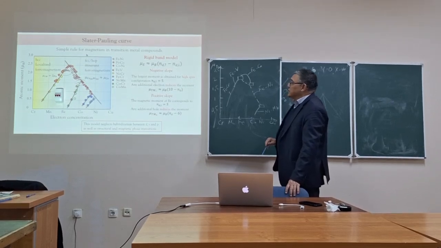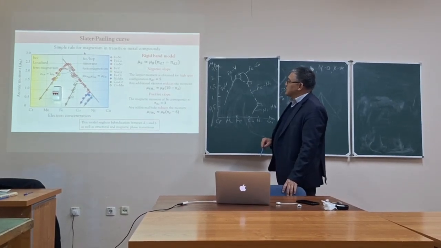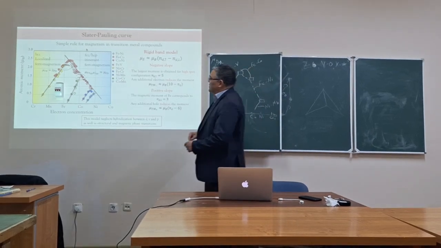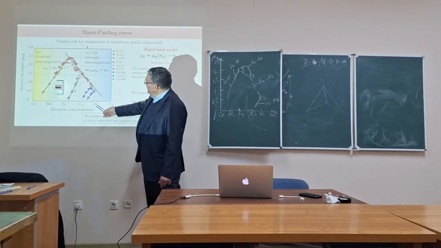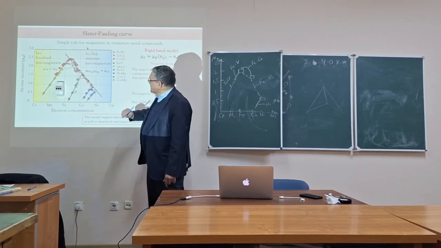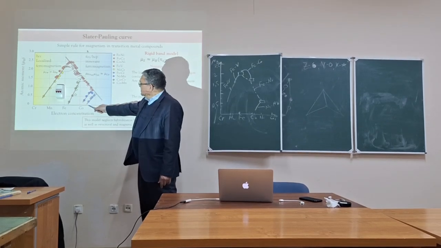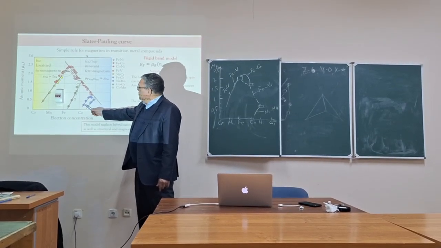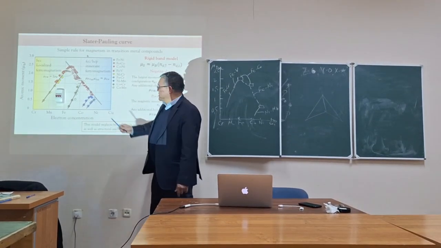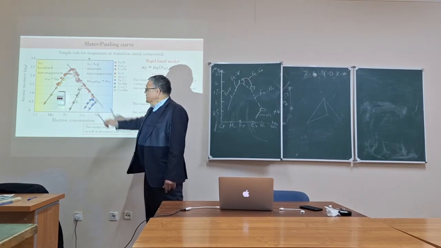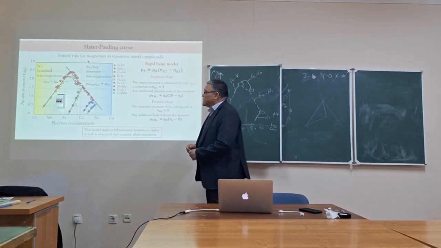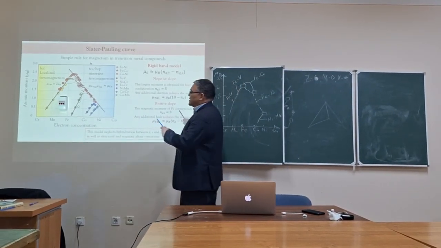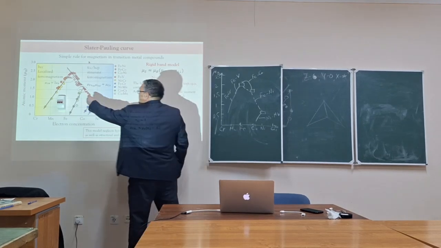Now, if we look at this from the other side, we can start alloying, for example, nickel with some amount of cobalt or manganese, and this curve corresponds to that. So let's consider the case of alloying with iron.